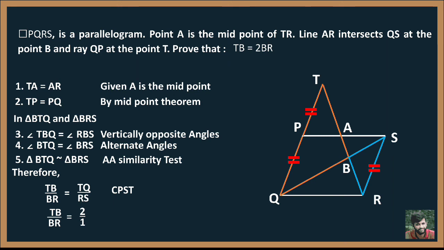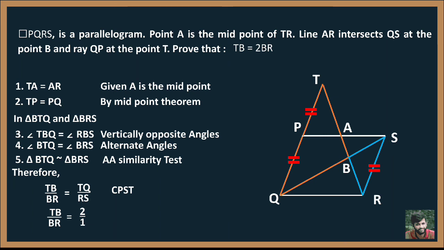Similarly, TP will also be 2 centimeters because they are equal. So in short, TQ will be 4 centimeters. If I say RS is 1 centimeter, then TQ will become 2 centimeters. Since they are ratios, I've just written them as 2 upon 1. So TQ becomes 2, RS becomes 1.